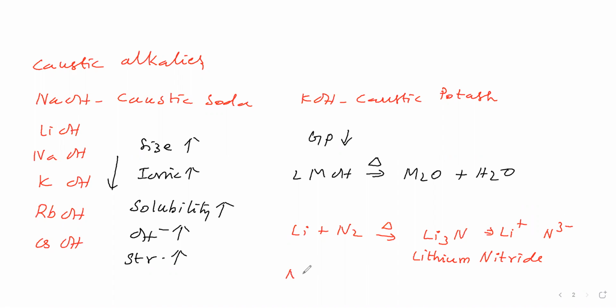Other alkali metals, sodium, potassium, rubidium, cesium, do not react with nitrogen. No reaction. Among the alkali metals, lithium alone reacts with nitrogen to give lithium nitride.